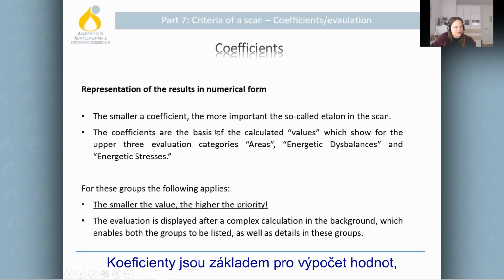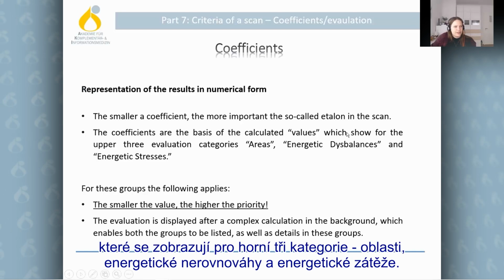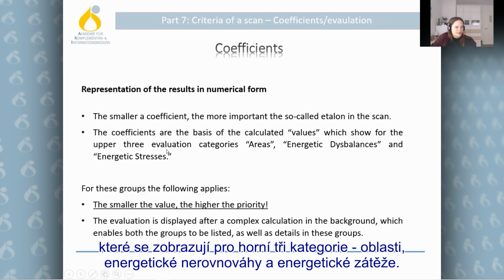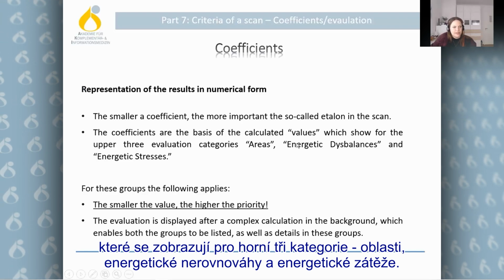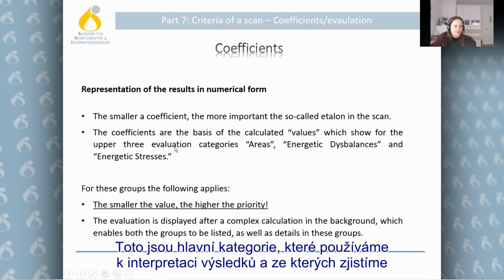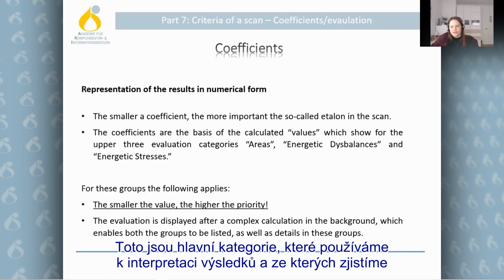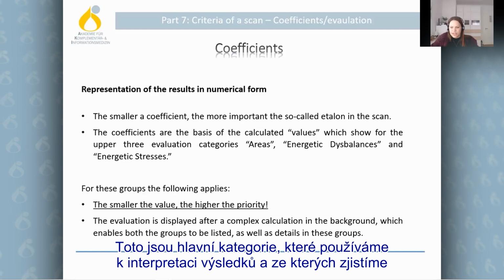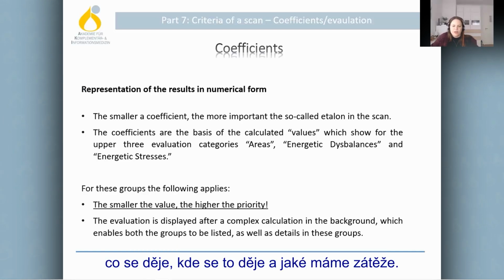The coefficients are the basis of the calculated values, which show for the upper three evaluation categories the areas, energetic disbalances, and energetic stresses. These are the major categories we use for the interpretation to really see what's going on, where something is going on, and what kind of stresses we have.